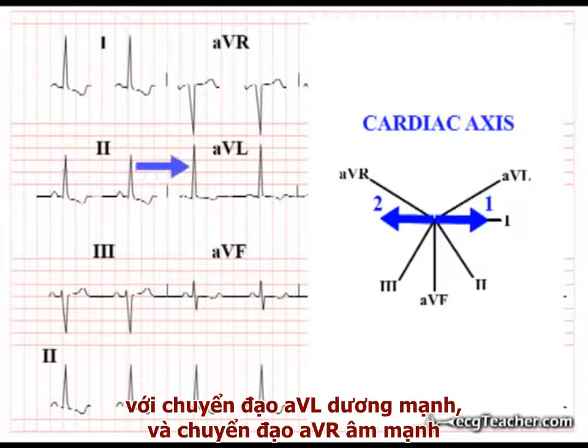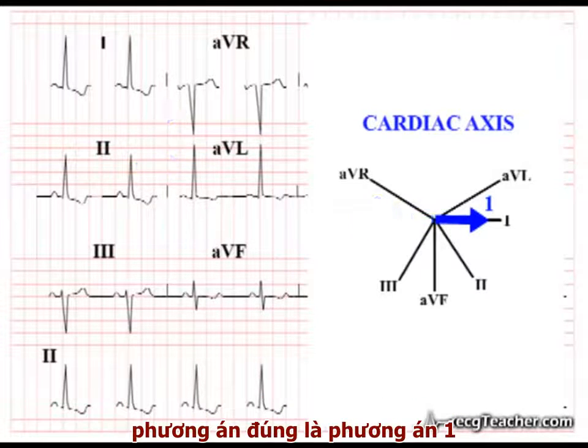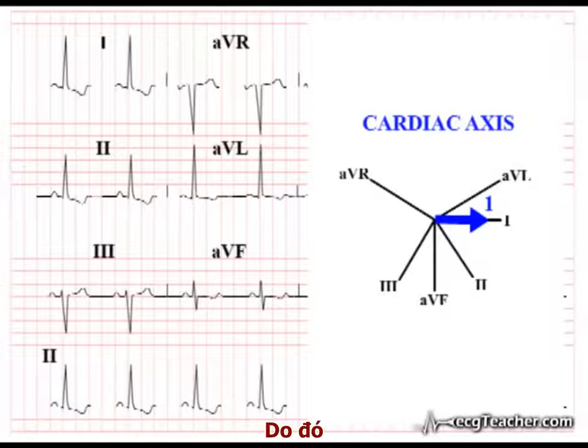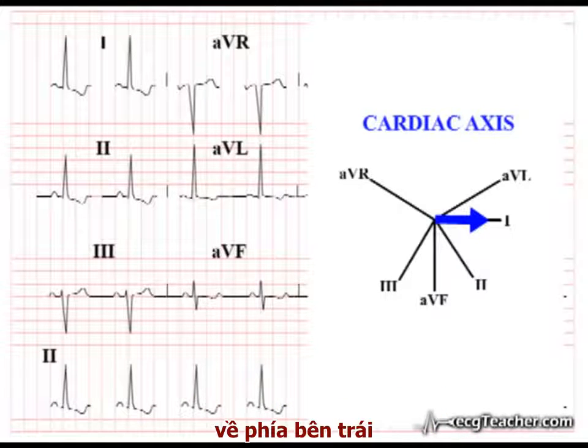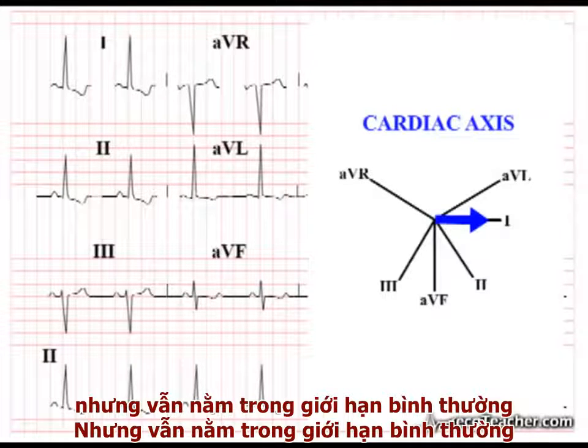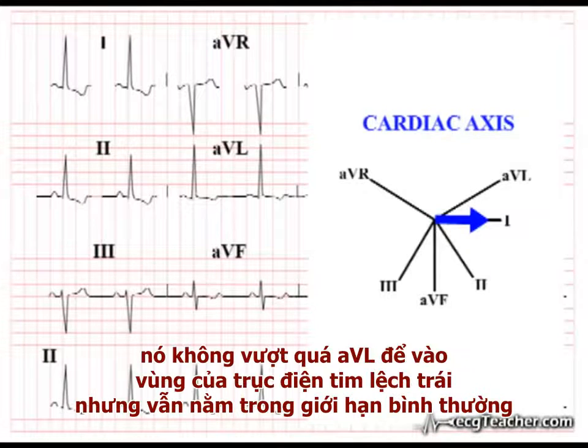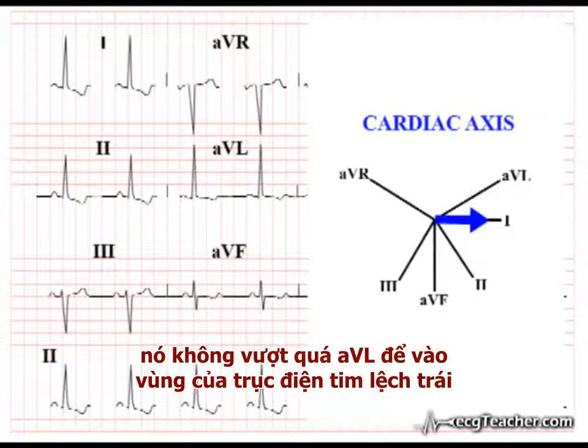With AVL strongly positive and AVR negative, it must be option 1. So, on this ECG, the cardiac axis lies close to lead 1, towards the left, but still within the normal range. It does not lie beyond AVL in left axis deviation territory.